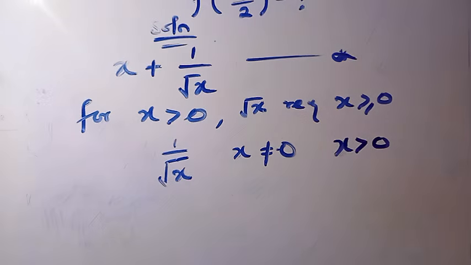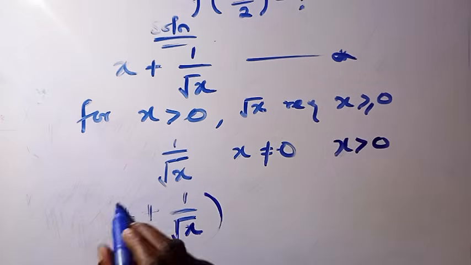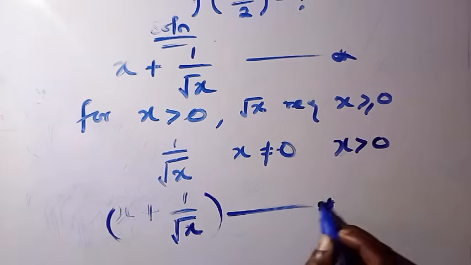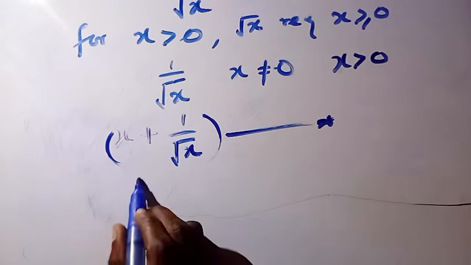Then in the next step, we have to show what values this input can take. What I mean is, for x plus 1 divided by square root of x, what values can this take? So suppose I let this be another variable.